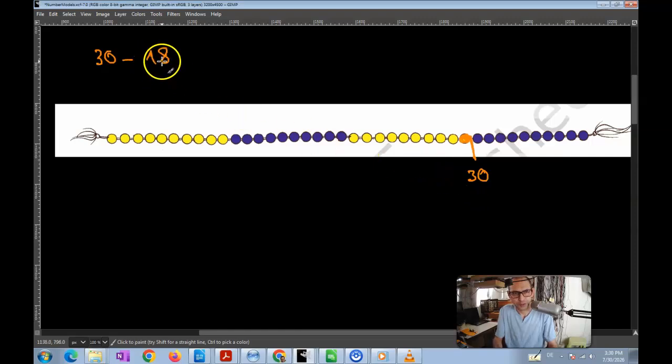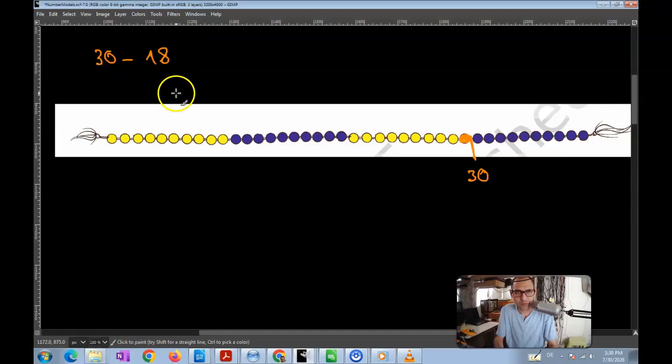Now I want to take away 18 of these beads, and please pay attention to the exact words that I'm using. I want to take away 18 beads. I'm not saying that I want to go back 18 steps, no, I'm not talking about steps. I'm talking about actual beads, taking away beads.